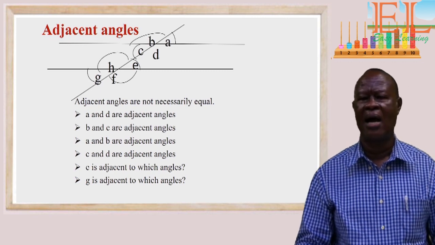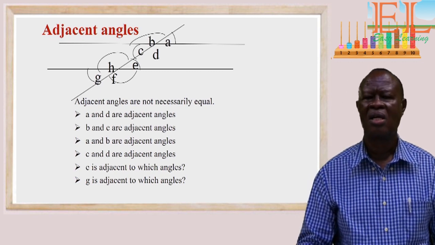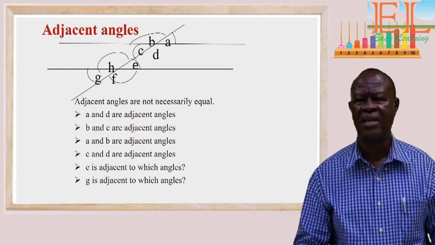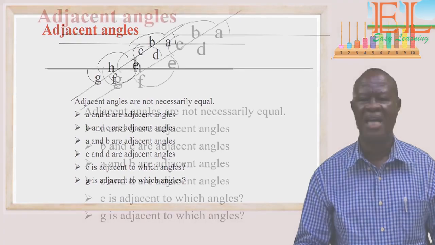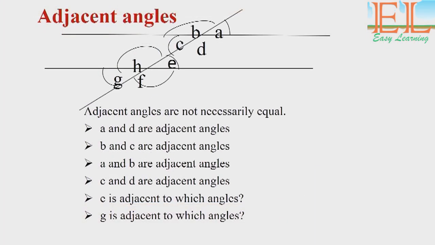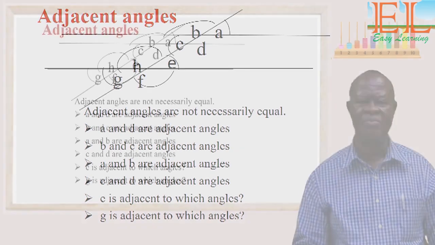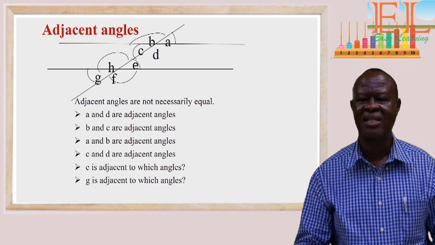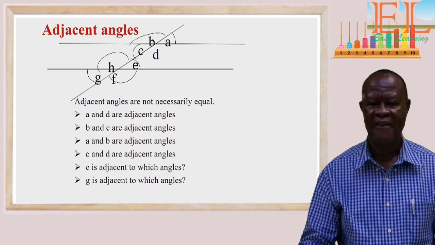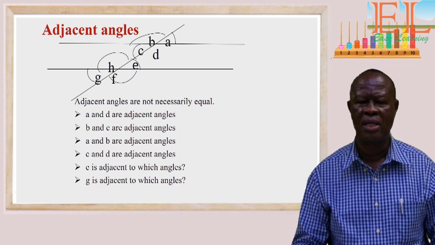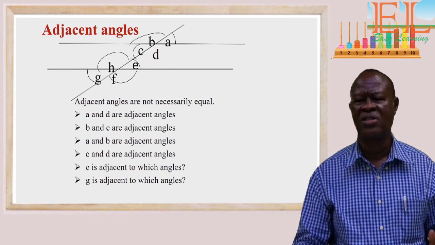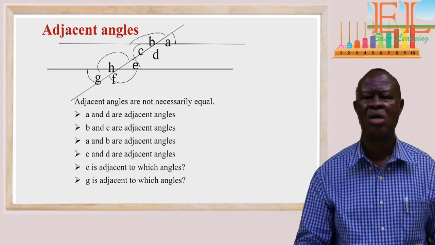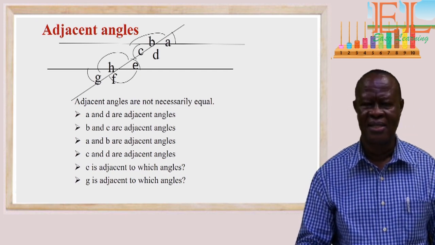B and C are also adjacent angles. A and B are adjacent angles. C and D are also adjacent angles. Can you go to the other point, my dear student, to tell me what angle is adjacent to E and what angle is adjacent to G? You can do this with your friends beside you, and then you'll be able to understand the concept of adjacent angles.